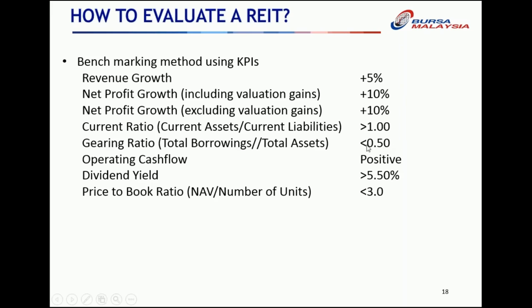The limit is 50%, here 0.5. If the gearing ratio is 0.2 but the current ratio is less than 1, then it's quite all right, because at 0.2 it is very far away from the cap of 50%. If your gearing is 20% and the cap is 50%, you can actually borrow some more money and still not exceed the cap.